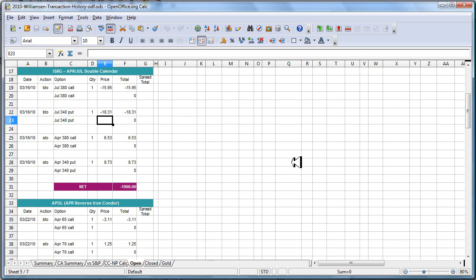But anyway, this is the ISRG trade that I have right now, April July double calendar. And there's the total cost was $1,900, and as I close each one or add more, I just stick them into this particular table here, and I know exactly where I'm at with the trade. And that's important because this helps me with my exit strategy.